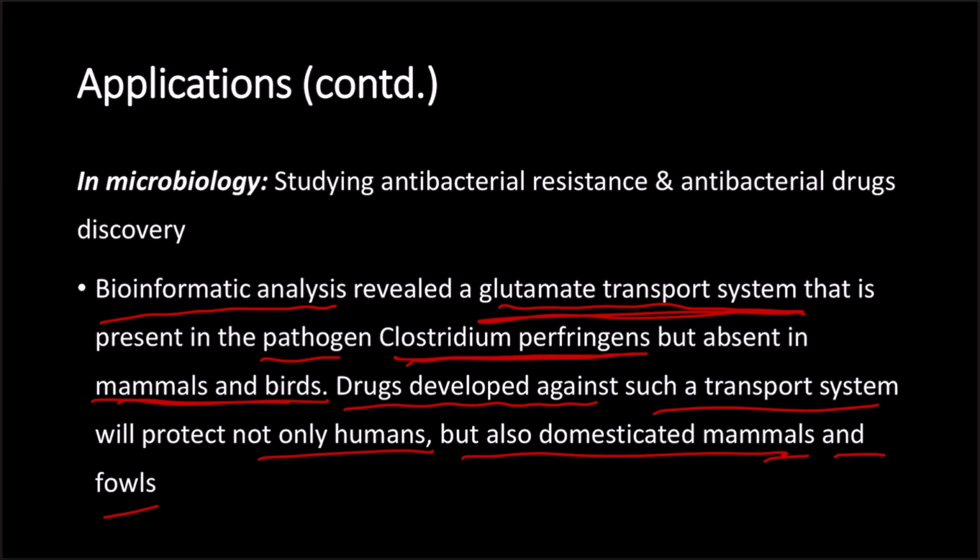Then the other example included here is Giardia intestinalis. It has a signaling pathway, the phosphoinositide 3 kinase signaling pathway. This pathway is essential in several eukaryotes, so we need to identify the proteins involved in this pathway and the difference between the proteins present in Giardia intestinalis and the mammals.